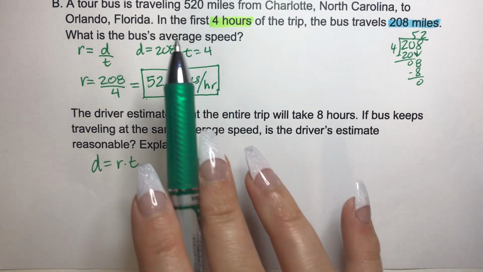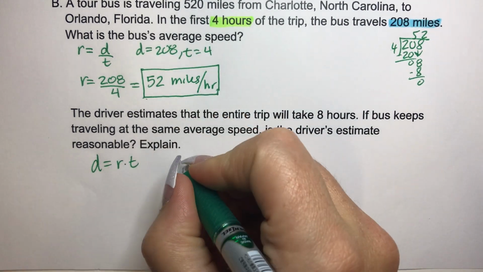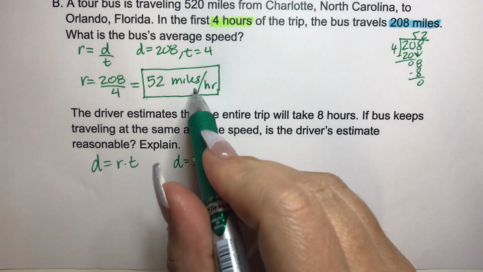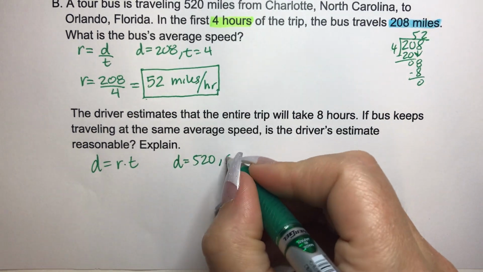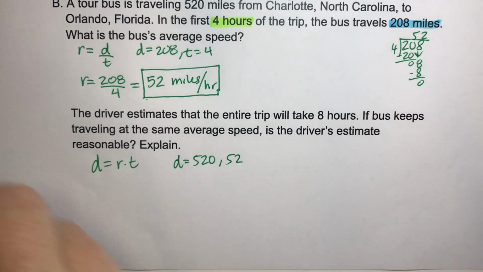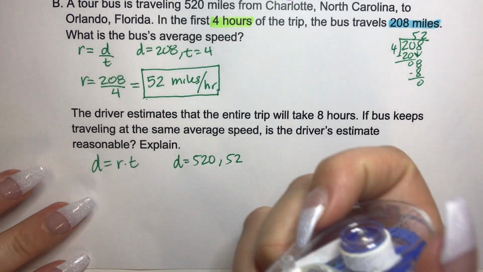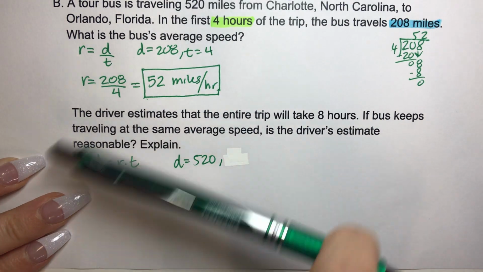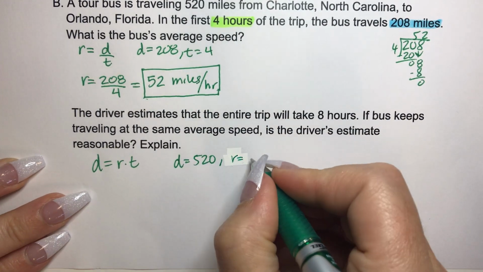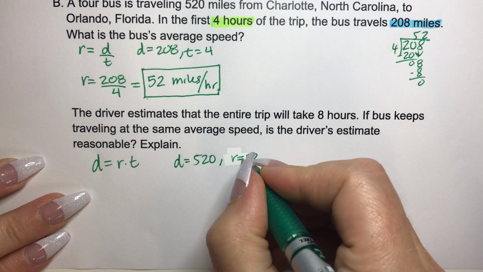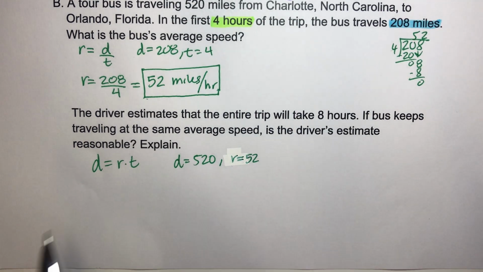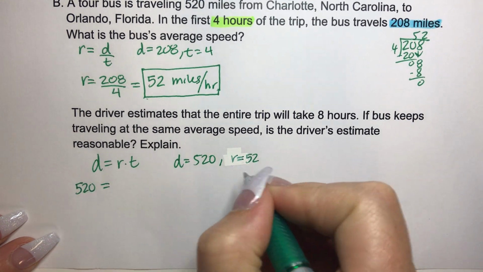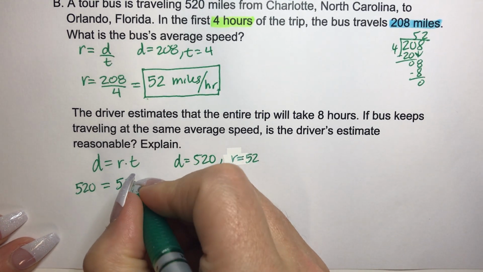So the distance for the entire trip is 520, and the rate is going the same rate, which would be 52. And this needs to say R equals 52. Okay. So we substitute in the values, and we get 520 equals the rate, which is 52, times t.